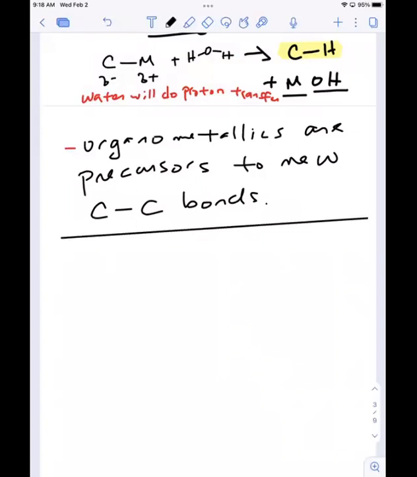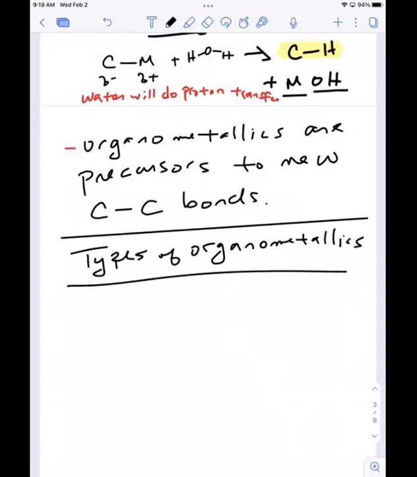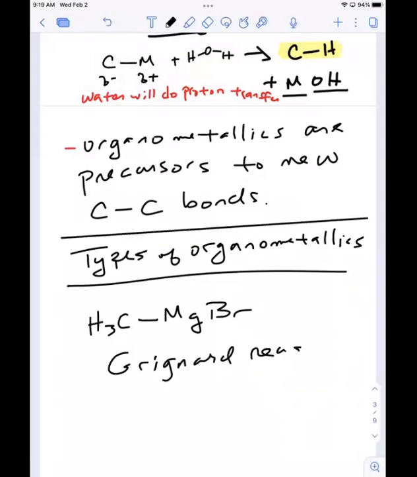So we're going to talk about Grignard reagents. So let's just say this is what we call a Grignard reagent.